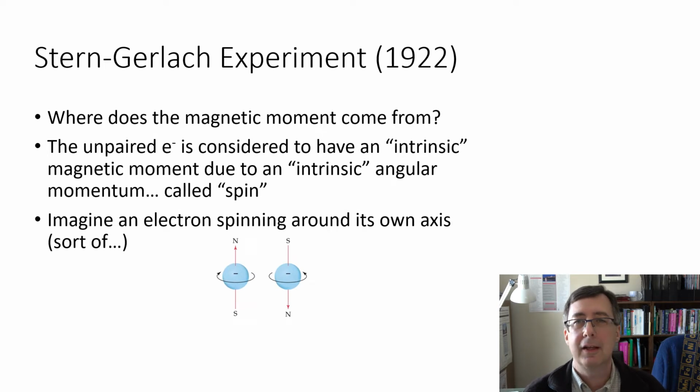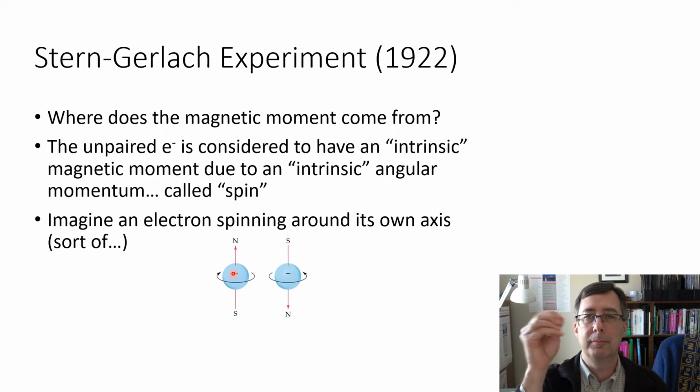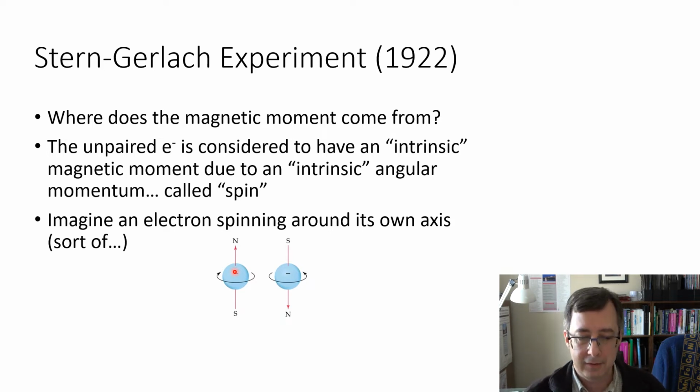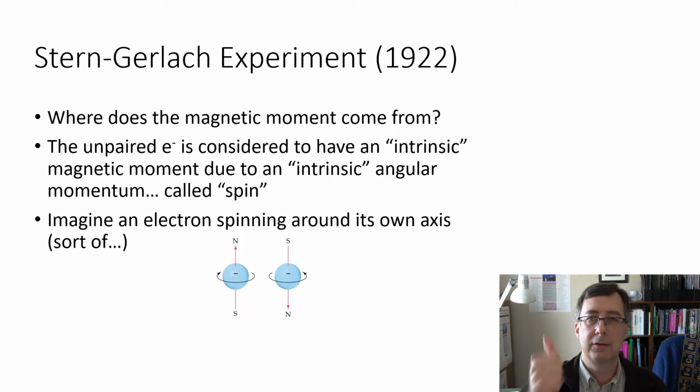And if you'd like to get a sort of hand-wavy idea of what is going on, you might kind of imagine that an electron is sort of spinning around its own axis, and it can spin kind of clockwise or counterclockwise, and result in a magnetic moment pointing kind of up or down, depending on which way it's spinning.